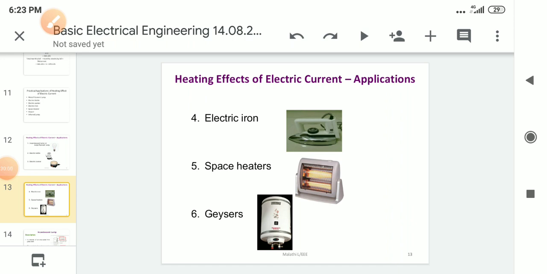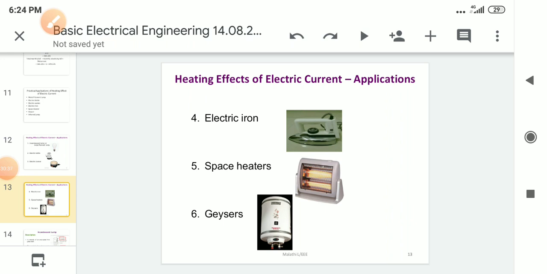Next, geysers. I think some of you know about these geysers also. It is a device used for heating water, and at the same time it provides a continuous supply of hot water. In hostels also, some hostels maintain a geyser for bathing purposes to provide hot water to the students.